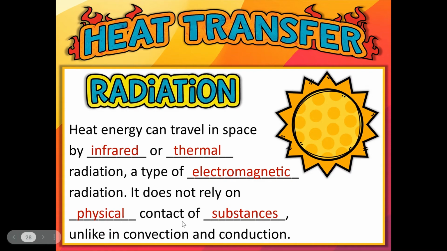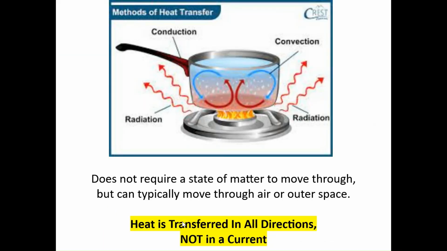It can just travel in space. This is all you really need to know for radiation, and that is it does not require a state of matter to move through, but can typically move through air or outer space. Heat is transferred in all directions, not just in a current or through direct contact.